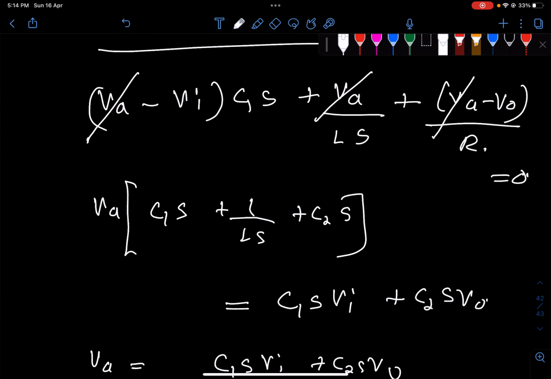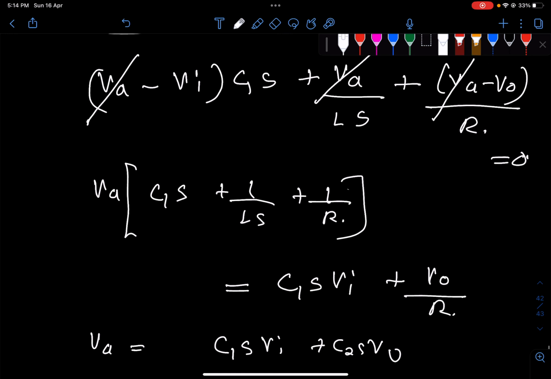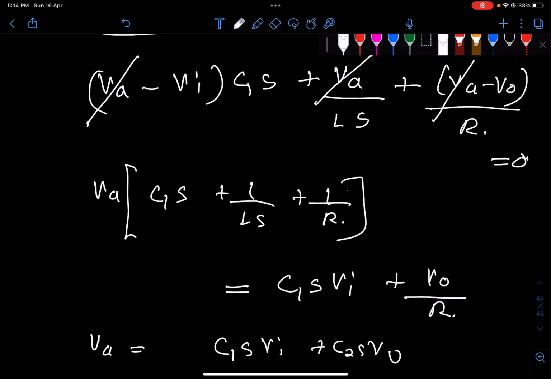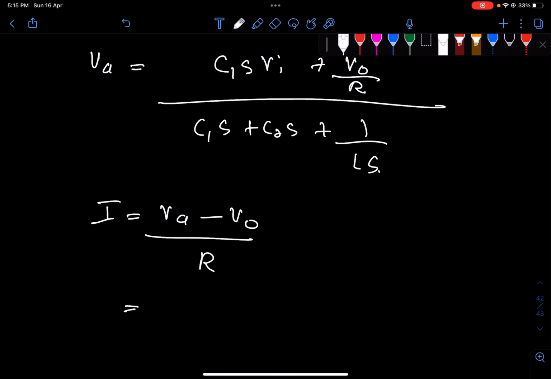See, it's R, right? That's the point where we get confused. So VA, we have to call the coefficient C1S and 1 by LS and 1 by R, C1S VI plus V0 divided by R. Now it's okay.